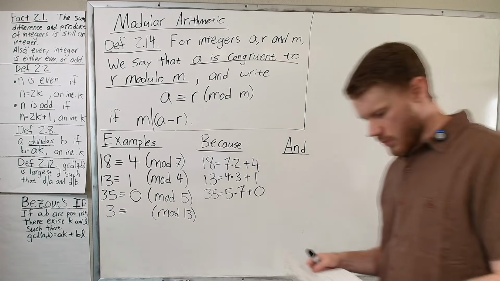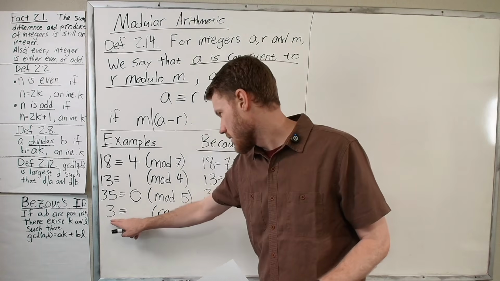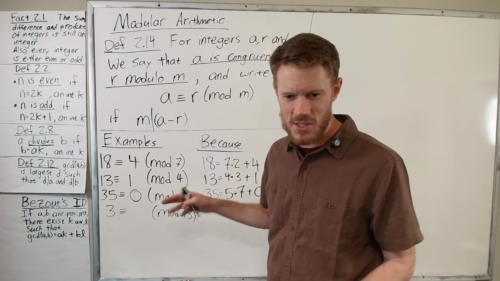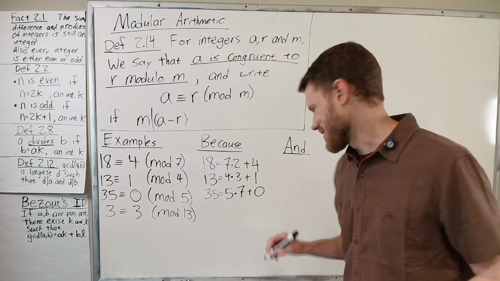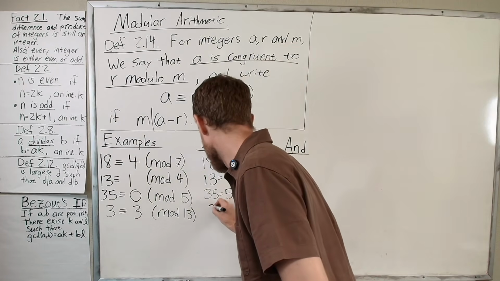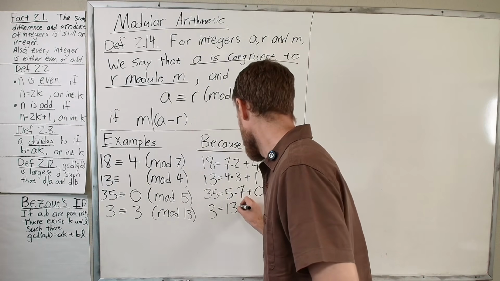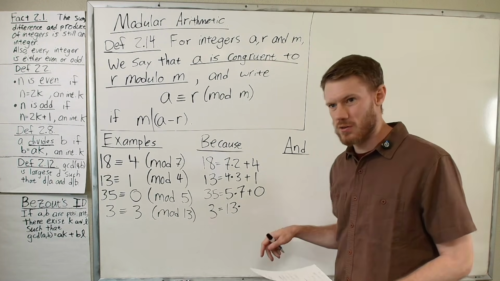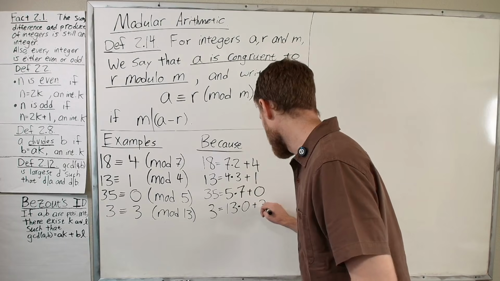Okay, so finally, if you take 3 and you divide by 13, what's the remainder? Well, it's 0 with the remainder of 3. So here we have 3 congruent to 3. One way to regard that: if you start with these numbers in the left column, then include the mod, and ask what are the unique numbers I can put here and here if I was going to turn this into the division algorithm, you'd put 0 here and 3 there.